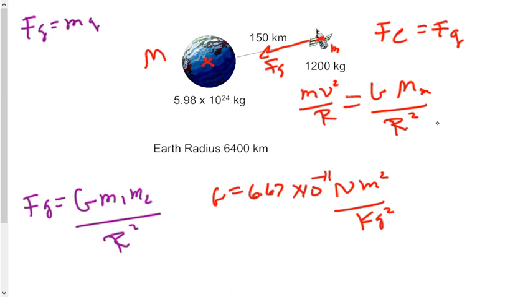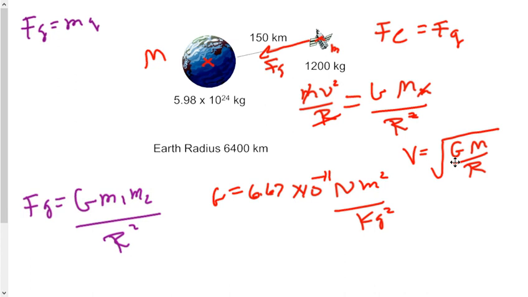Now we can simplify this by taking the little m's out of the picture, and we can cross off one of the radius values. Then we see v squared equals G M over r, or the orbital velocity is equal to the square root of G big M divided by r.